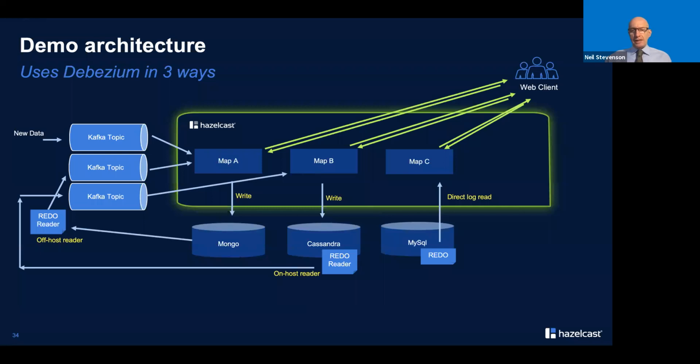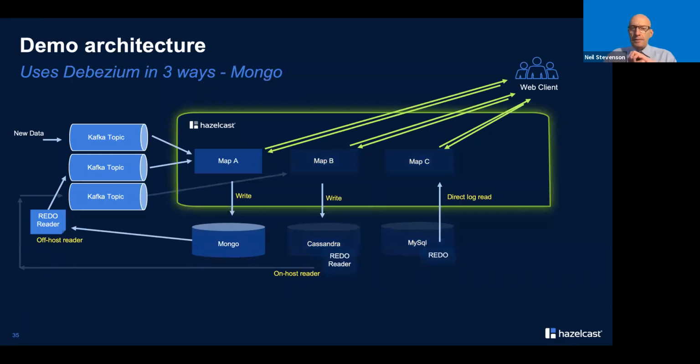If we look at it in a simpler view, map A is connected to the Mongo database. So every time we change data in map A, we write it down to Mongo. Every time data is changed in Mongo, there's a reader process, which for Mongo sits elsewhere. It's not part of the Mongo node. It's on a different process. It reads the change records from Mongo and injects them into a Kafka topic.